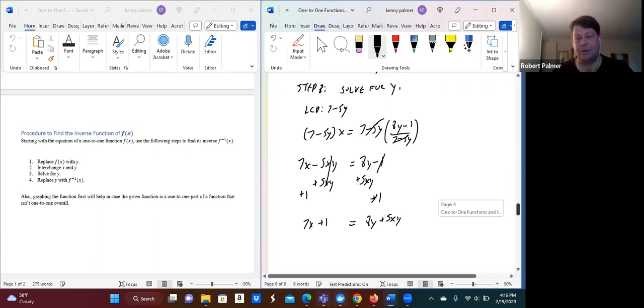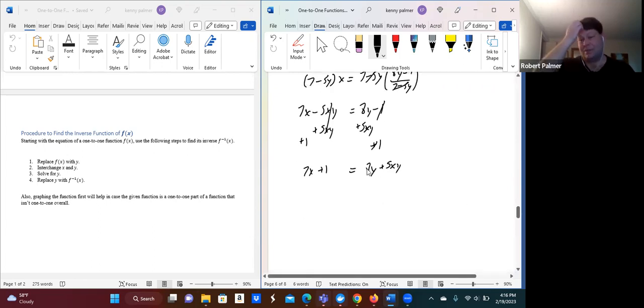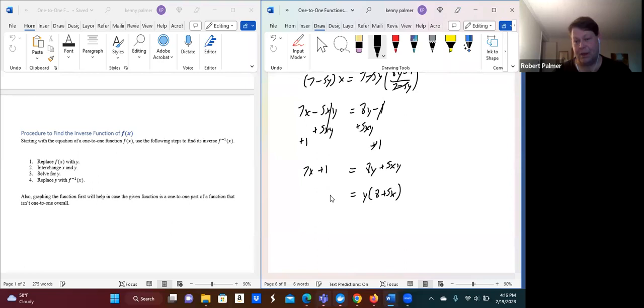So we're a little bit closer. Now we have the y's on the same side. How can I get the y's out of this? Well, in the same way I distributed here, I'm going to do the opposite of distributing. I'm going to factor a y out over here. Taking a y out of both of these, I'm left with 8 from this one plus 5x from this one. The left side is still the same for now.